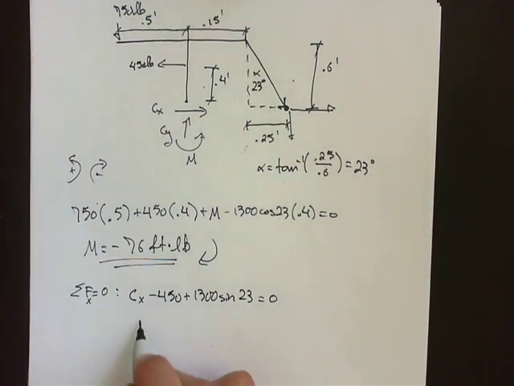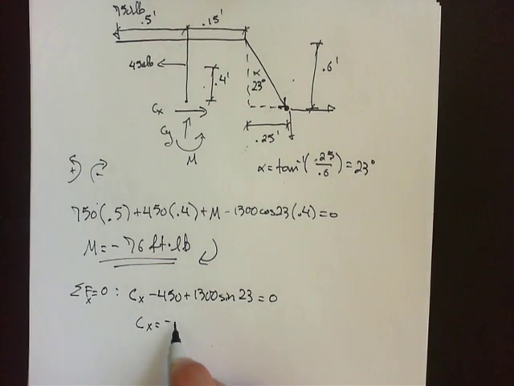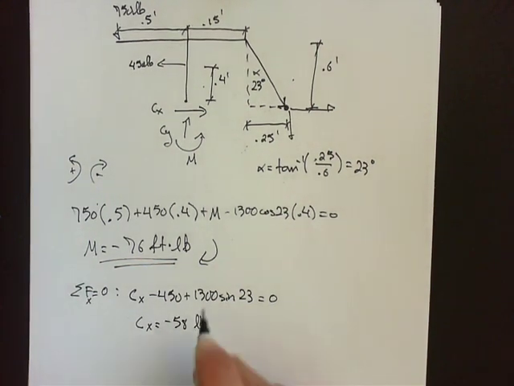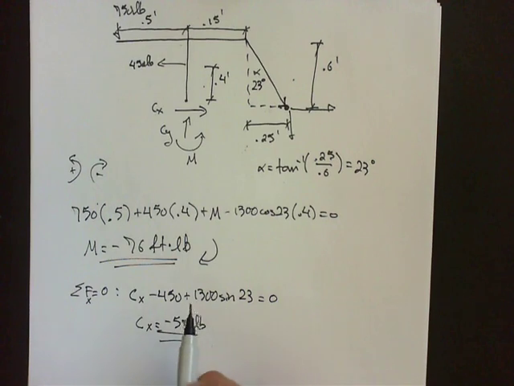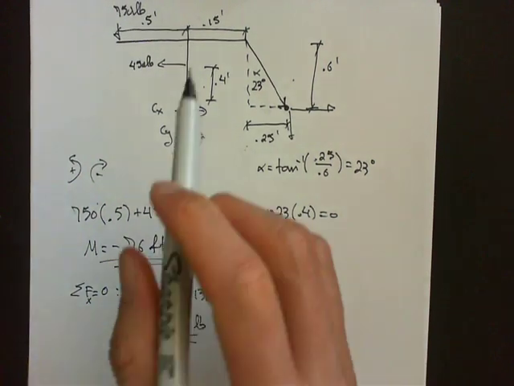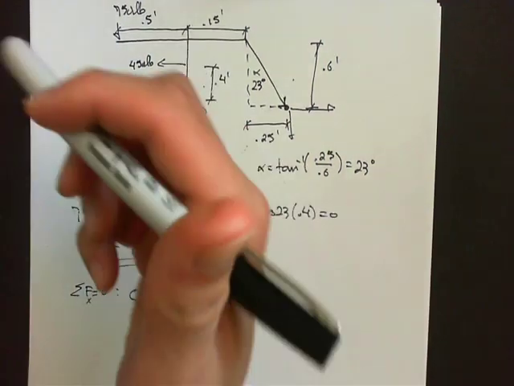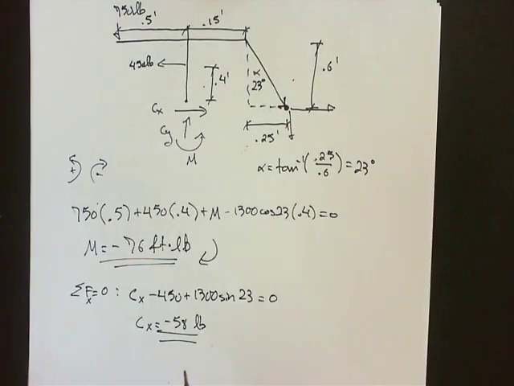So if you solve, you will get Cx equals negative 58 pounds. Since it's negative, it tells us that our assumption that the Cx acts to the right is wrong. It's actually acting to the left.